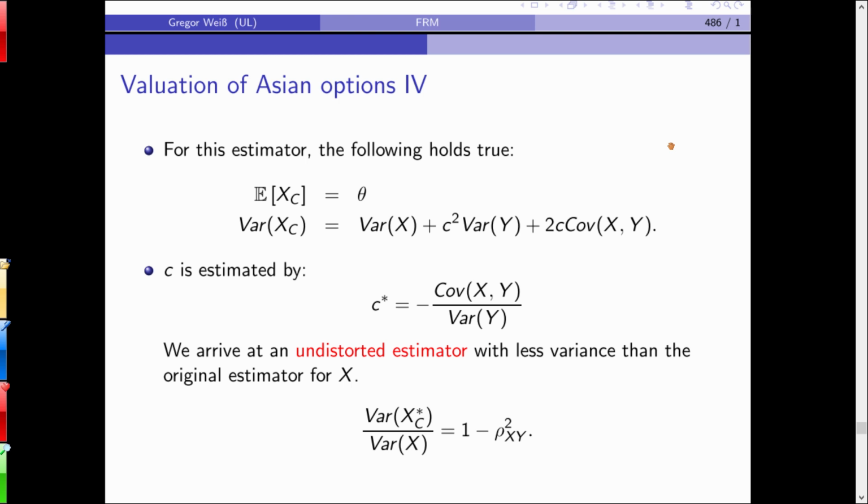It's the variance of x plus c squared times the variance of y plus 2 times c times the covariance between x and y. Now we estimate c by minus the covariance divided by the variance of y.